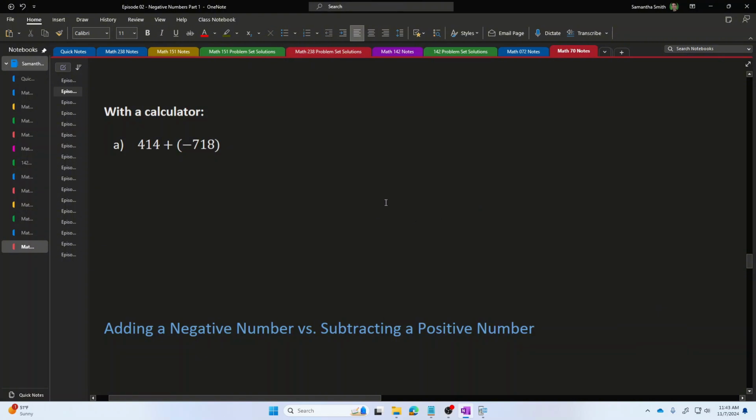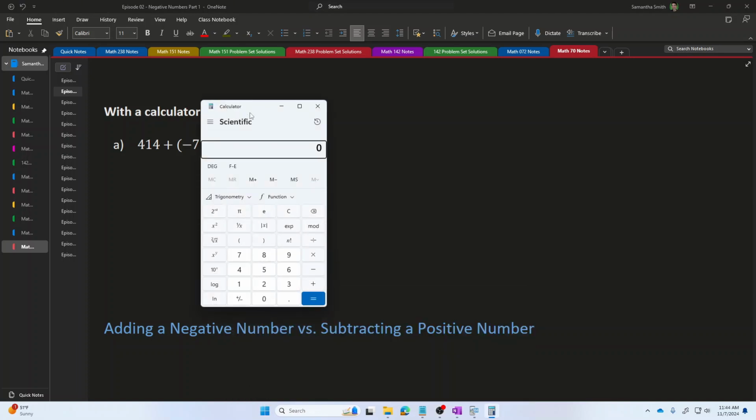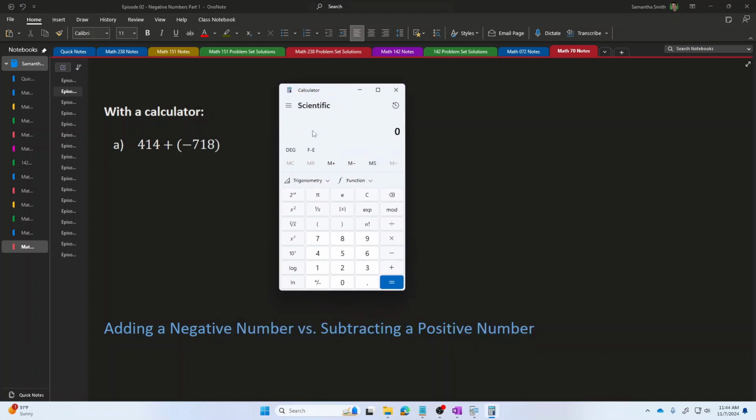Let's figure out exactly how bad my situation is as a result of taking on this debt. First, I'll show you how to do this on just the standard Windows 11 calculator. To do this calculation on the standard Windows 11 calculator, I would type in this expression almost exactly as it is written. So I would type in 414 plus, and then here are the parentheses.